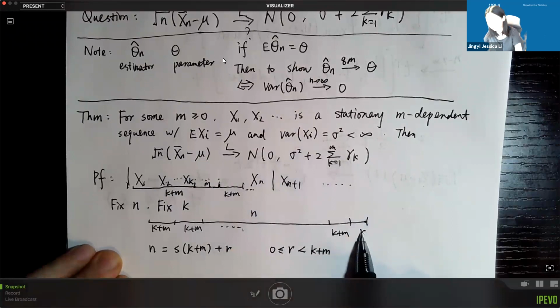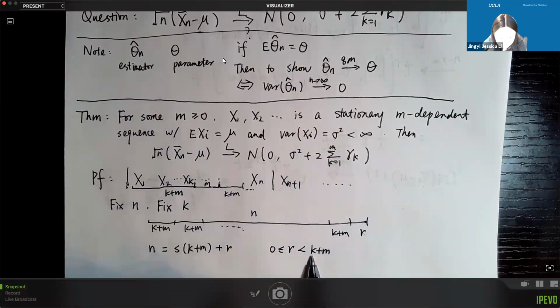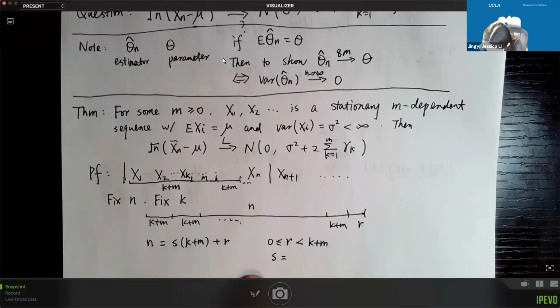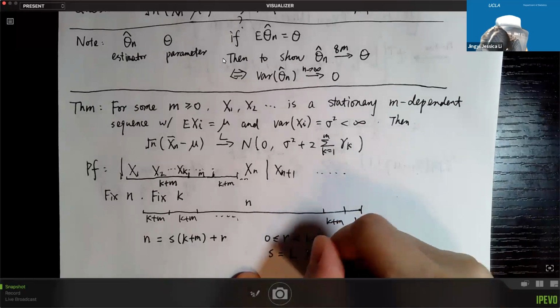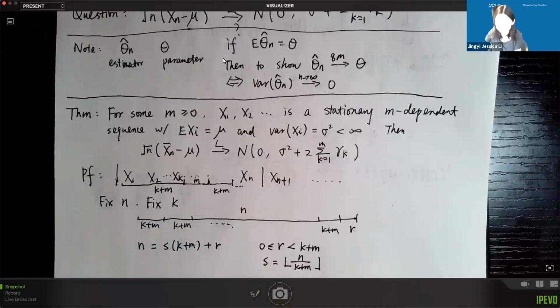Otherwise, I could cut another segment, right? So the remainder must be less than the segment length. And s is basically the number of segments I could have. So s is the floor of n divided by k plus m. I'm taking the floor integer of this ratio.